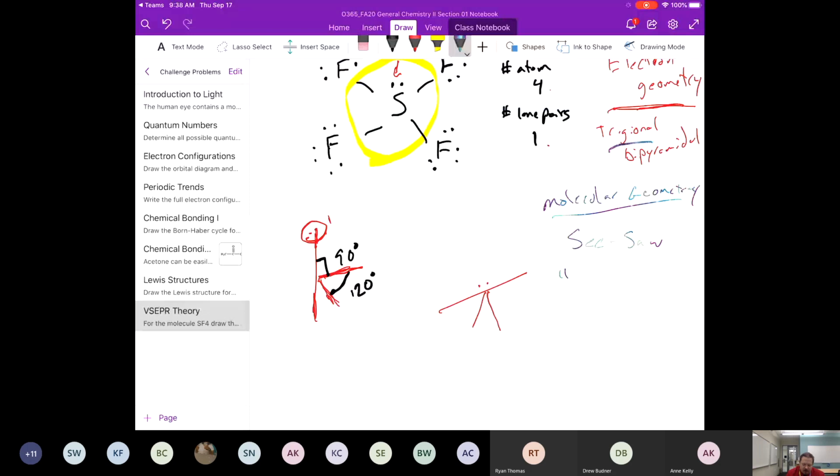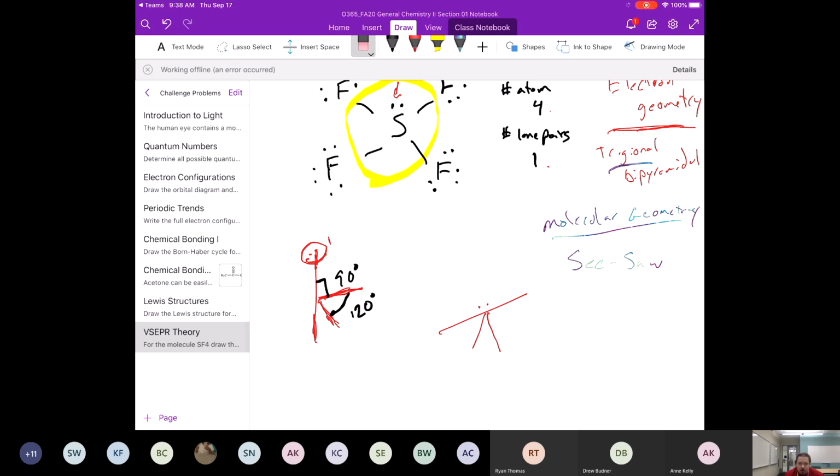If you want to be fancy, you can call it a distorted tetrahedral, right? That's what you'll find if you Google it, but that's no fun. So I call it seesaw because it's more fun to say and it's more fun to do, right? You can imagine the seesaw going up and down.